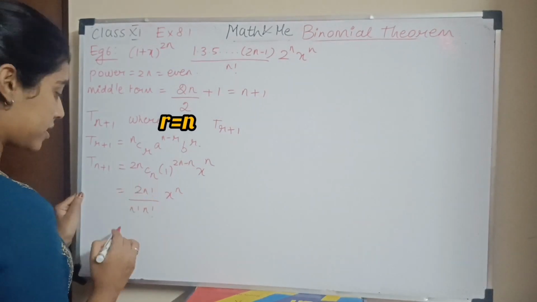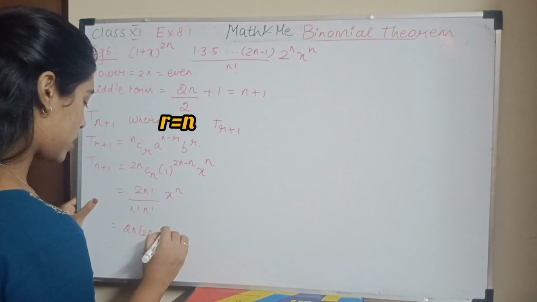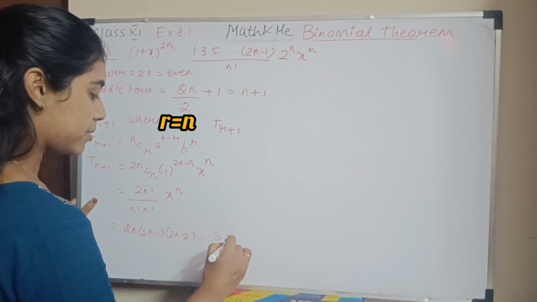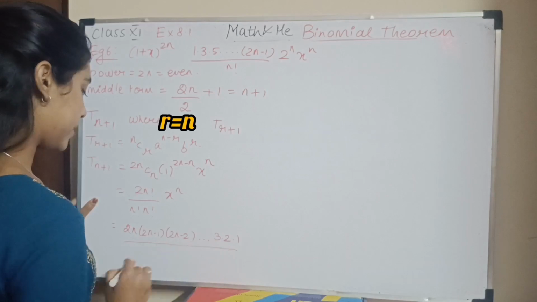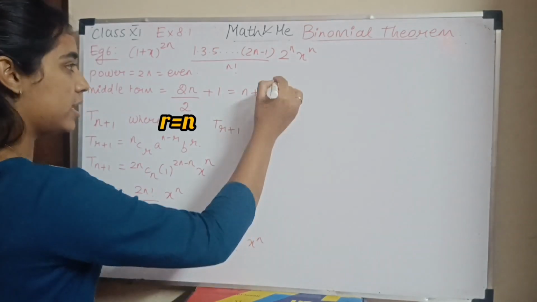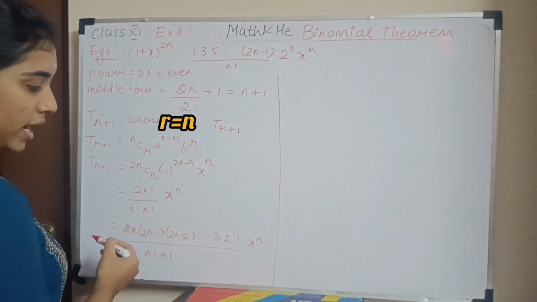Now I am going to open this factorial. So what do I have? 2n times (2n minus 1) times (2n minus 2) and so on, times 3 times 2 times 1, divided by n factorial times n factorial times x to the n. Now what happens? I am going to separate the even and the odd terms.